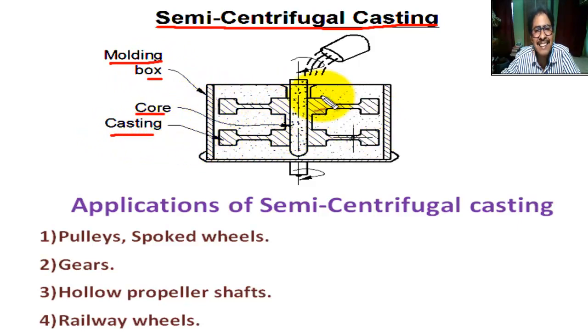This is the vertical axis. Molten metal is poured in through this. This is the sprue.